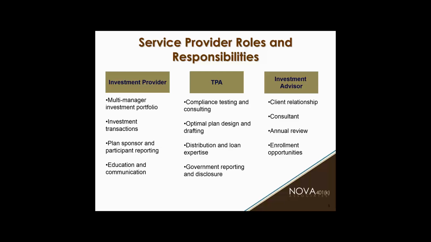They invest it in the mutual funds, provide the 1-800 number and internet access so people can see how their investments are doing, make changes, things of that nature. And they also do the record keeping. They keep the different money sources separated out. You've got your deferral, your employer match, maybe safe harbor, rollover. They track all these different sources separately as is required by law.